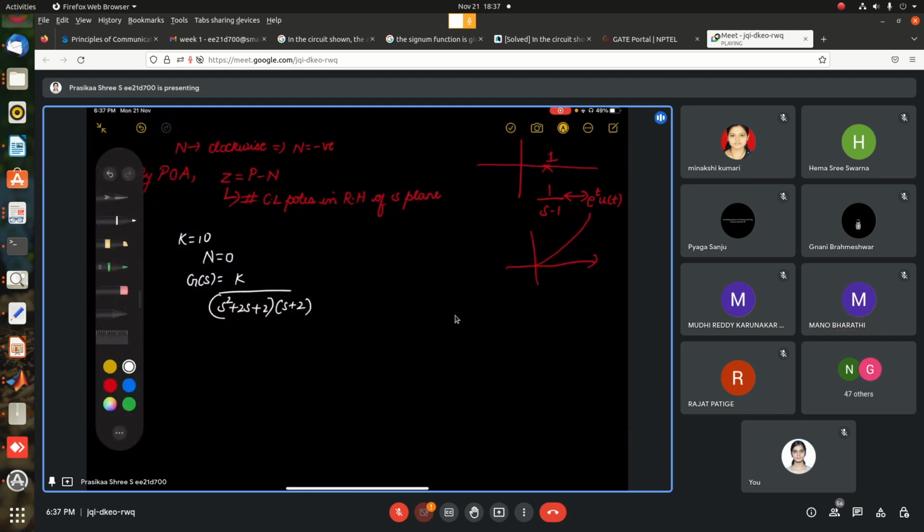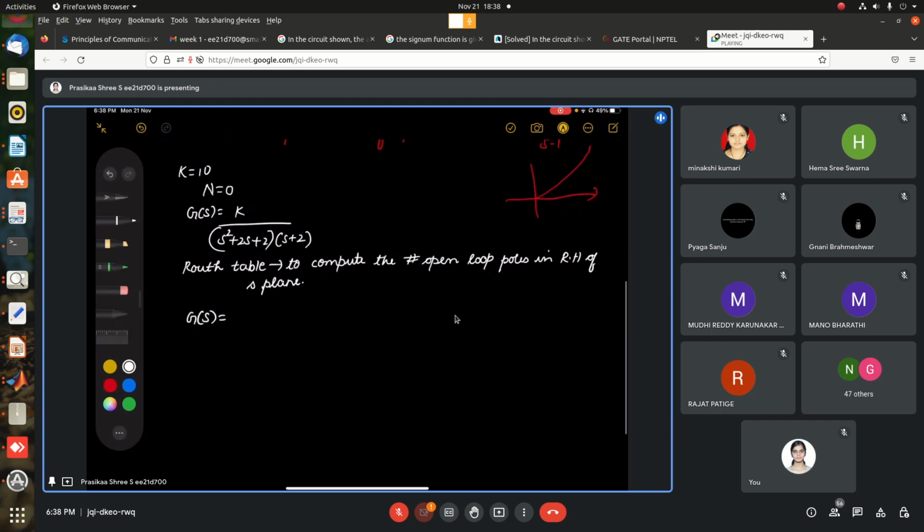So we need to form the Routh array to compute the number of open loop poles in the right half of S plane.